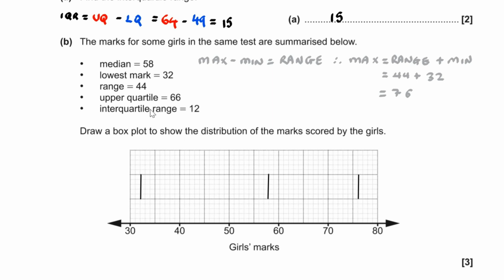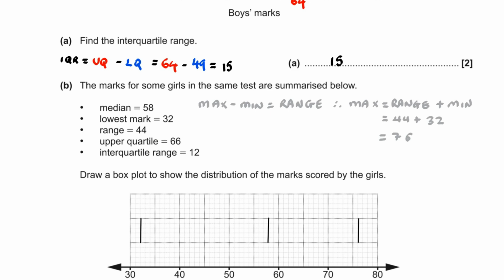And using the fact that the interquartile range is equal to the upper quartile take away the lower quartile, we've been given the upper quartile. What we need to do is find the lower quartile. So the lower quartile is equal to the upper quartile take away the interquartile range.